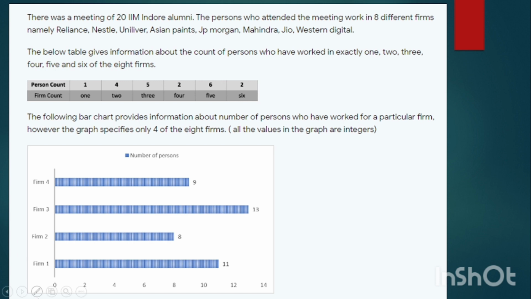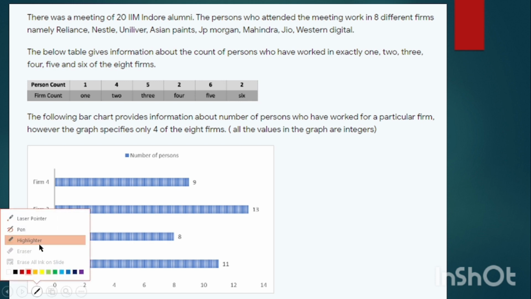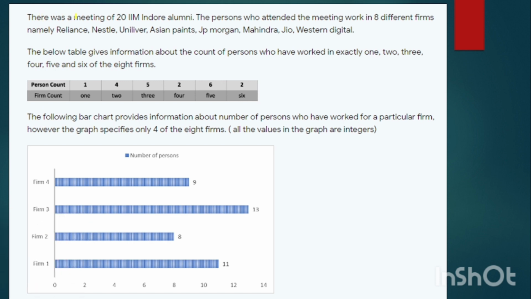What is the set saying? There was a meeting of 20 IIM Indore alumni. The persons who attended the meeting work in 8 different firms, namely Reliance, Nestle, Unilever, Asian Paints, JP Morgan, Mahindra, Jio, and Western Digital.